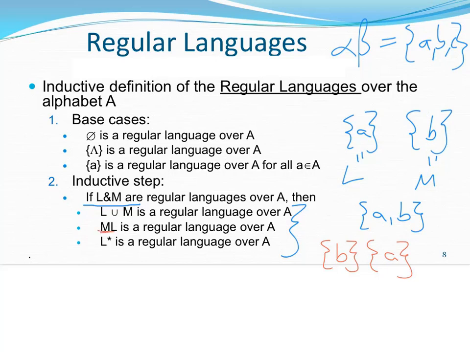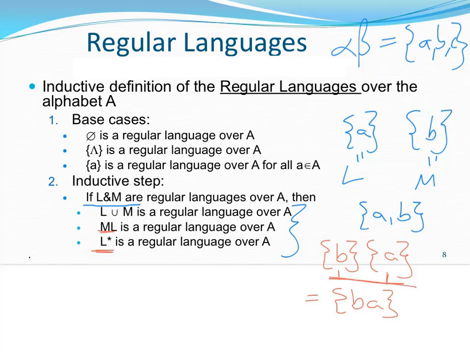Of course, we could change what we call L and what we call M, but it says this is a regular language. And what is this? Well, this is just the language where you take one thing from here and one thing from here. There is in fact only one thing in each of those, so that's the language containing a single string BA. Okay. And finally, this tells us that L star is a regular language over A.